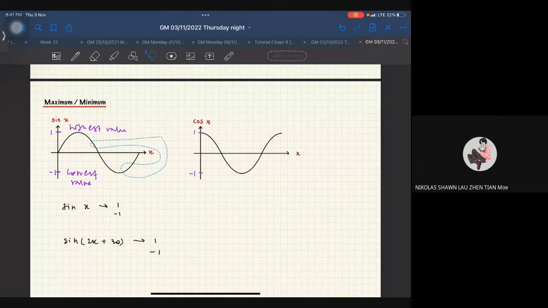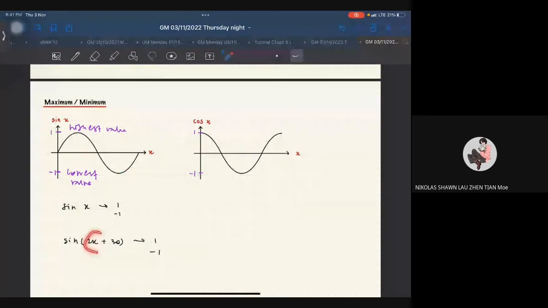Okay, so that's why lah dia still satu dengan negatif 1.